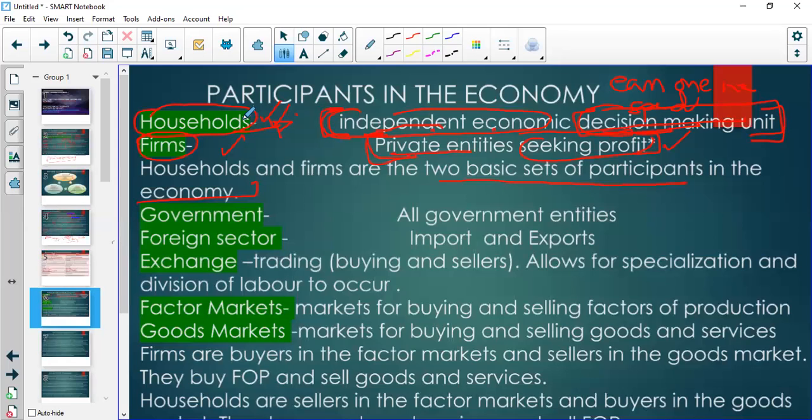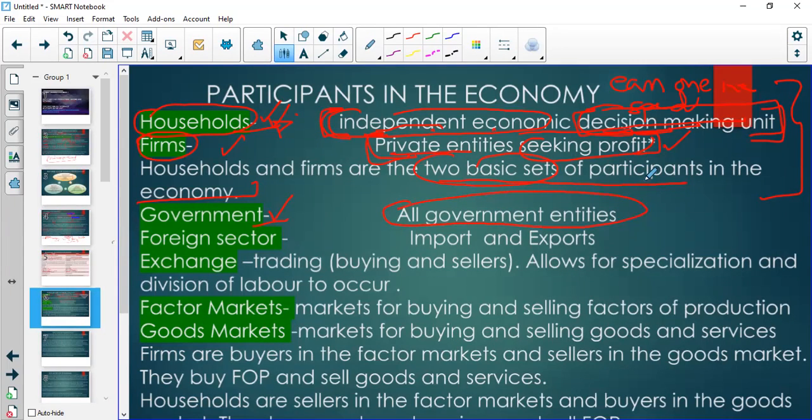One has the money, and the other has the goods. Then they have to exchange. That was some form of economy, a market back then. So these two are central to the way the economy works. But of course, now we have developed, so we have government. All government entities are going to be included.